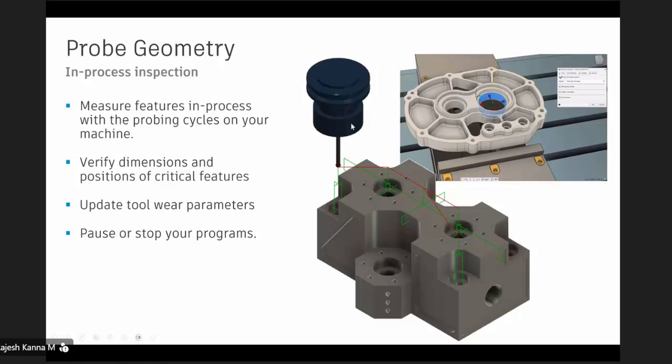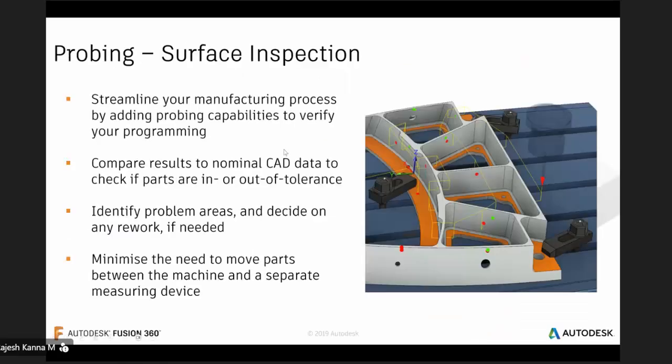Once it is done, you can check that hole actually. So if it is undersized, what will happen? It automatically updates the tool offset in the machine, and it will call the toolpath again to correct it actually. So we do have that kind of automation solution, particularly for component manufacturing.